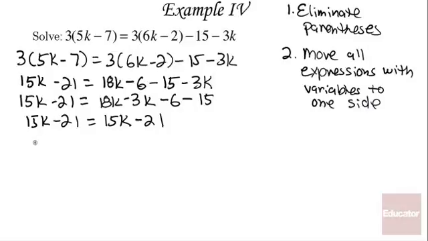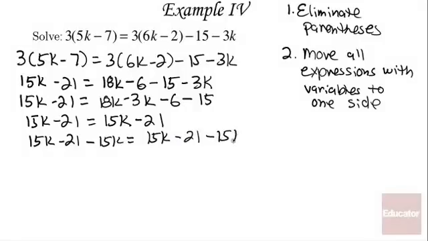So I have 15k minus 21 equals 15k minus 21, and you may have already realized what's going to happen when I subtract 15k to move that to the left. 15k minus 15k, the k's drop out. That leaves me with minus 21.